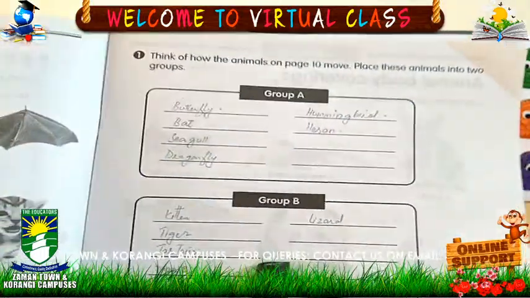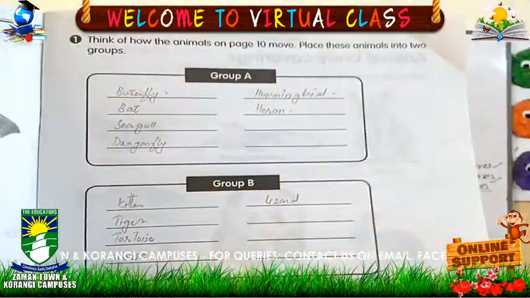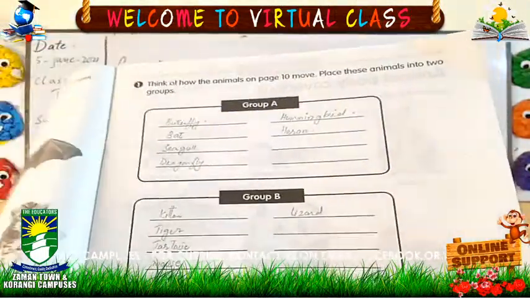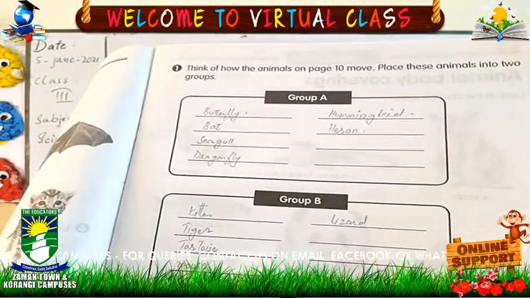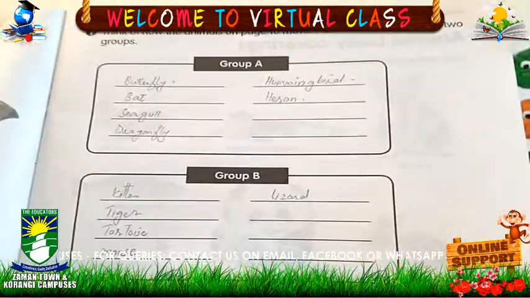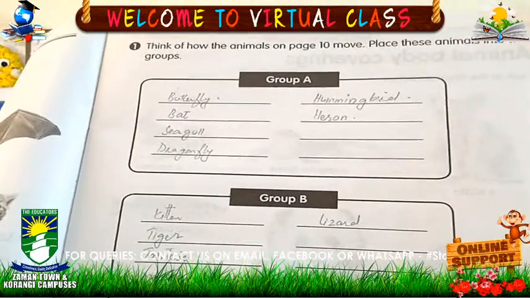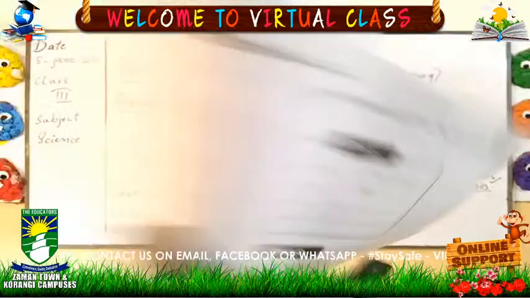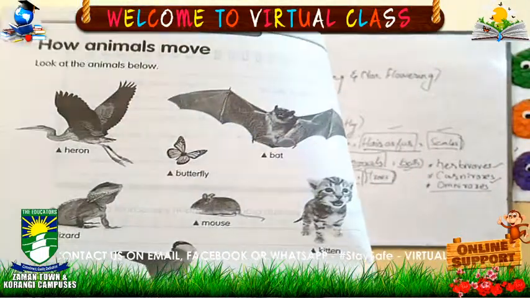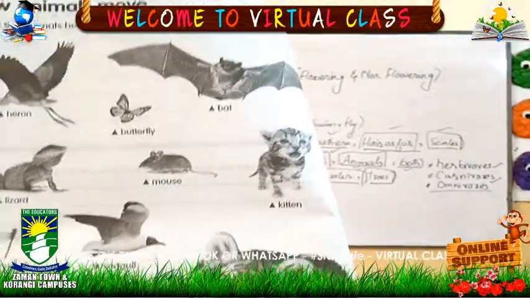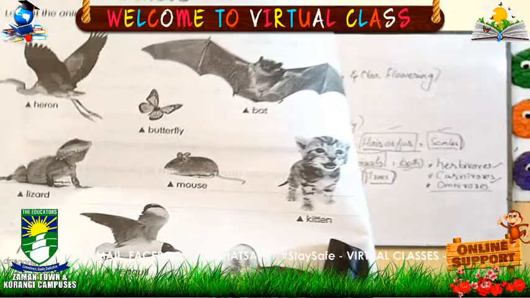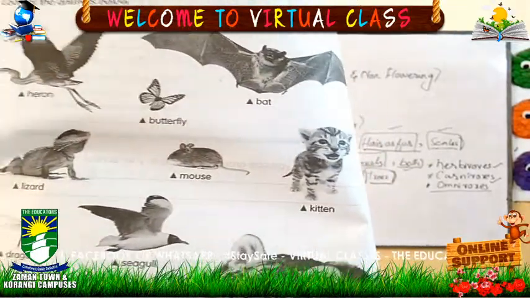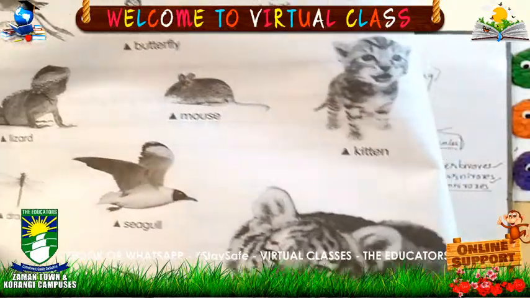And in group B, we can make a group of animals that move by their legs. These animals use their legs in order to move themselves. You can go through page number 10 and select the animals which move such as tiger, kitten. So these animals move with their legs.